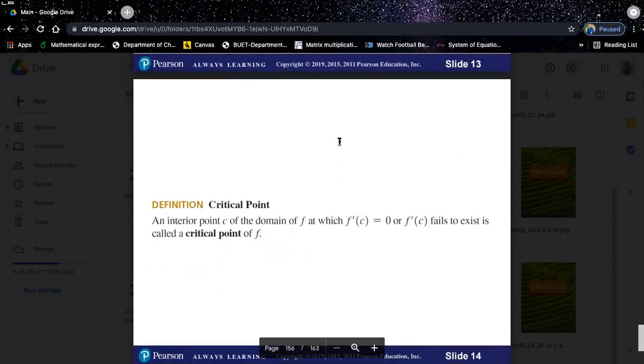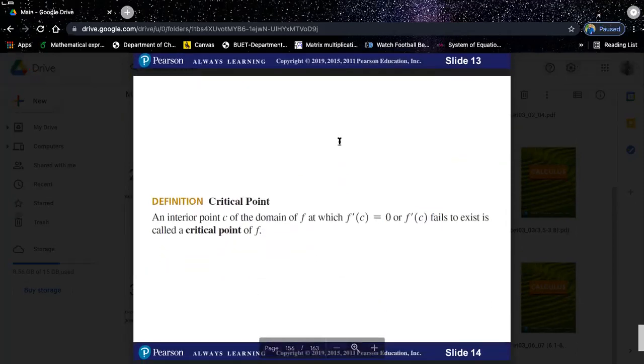Now, this is what we need to find the maximum and minimum values algebraically. This is the first thing we need. We will need some more calculations, some more definitions, but this is the first thing we need to calculate it algebraically.